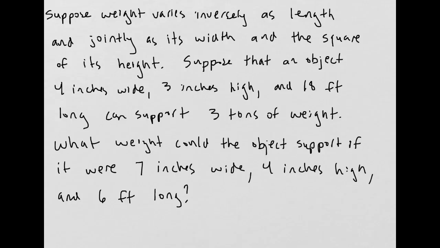So let's take a look back at that problem. If we start with the first sentence, it says, suppose that weight varies inversely as length and jointly as its width and the square of its height. That first sentence actually gives us enough information to write a little formula. If we look at just the first part, it says weight varies inversely as length.